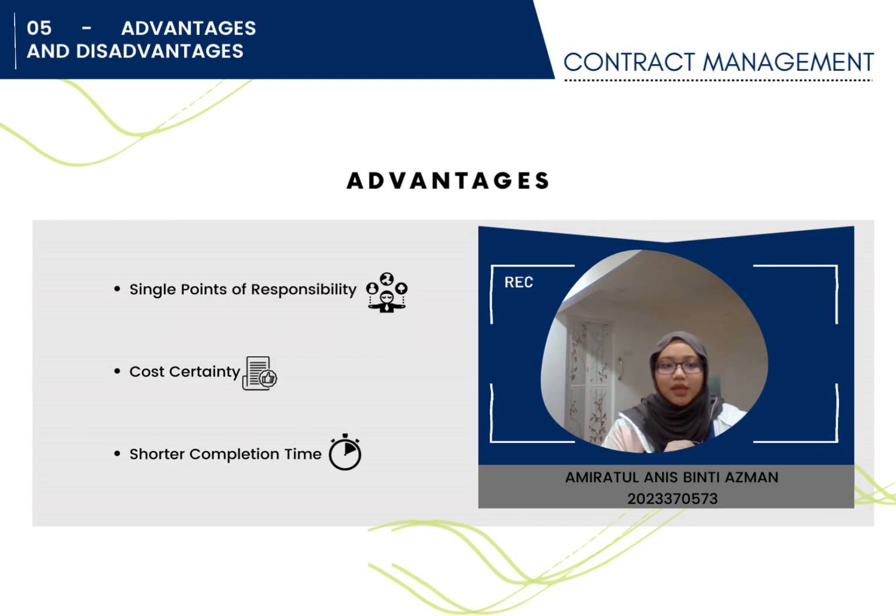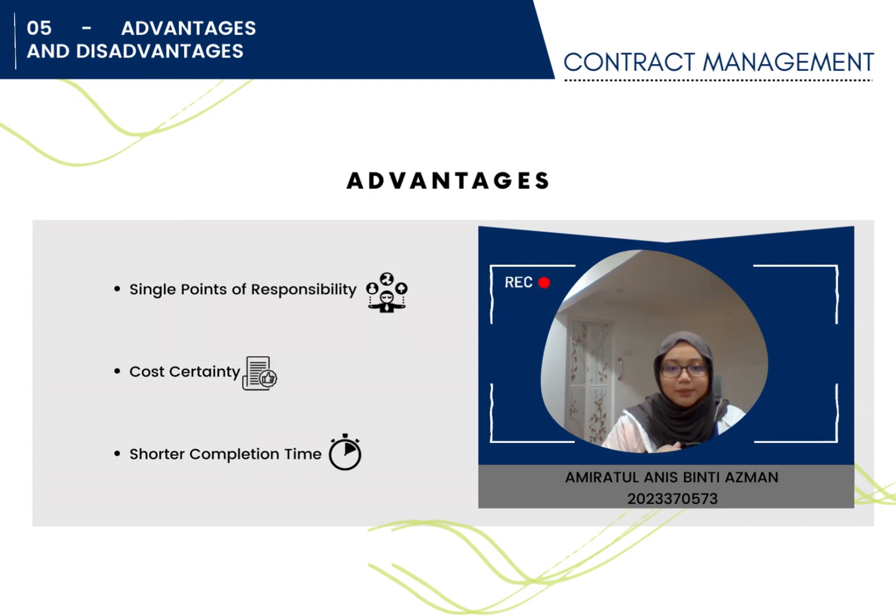However, just like with any other procurement method, there are advantages and disadvantages when applying the design and build procurement method. One of the primary advantages of the design and build procurement method is that it provides a single point of responsibility.